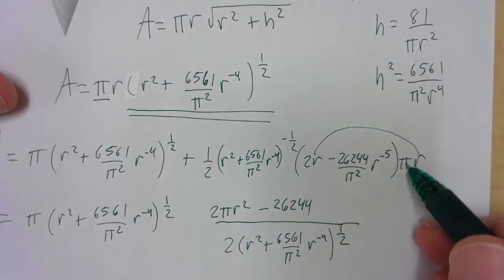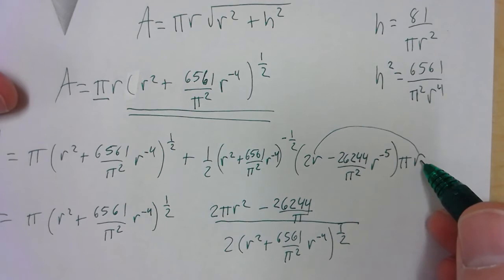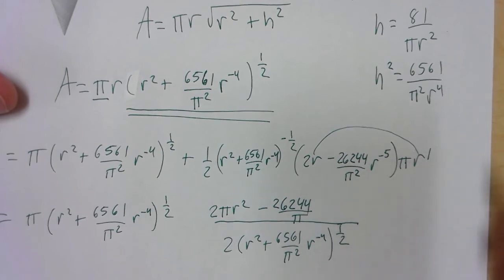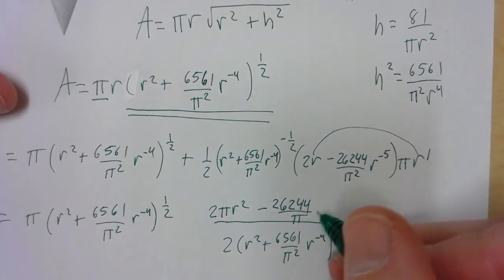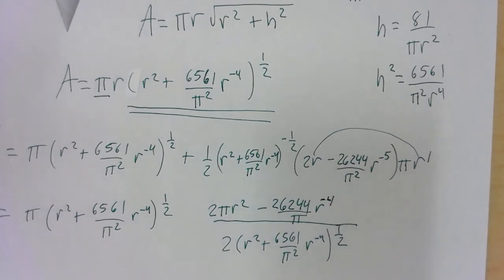Now the pi's are going to cancel, so there'll be 1 pi on the bottom, and when you multiply like bases together, you add the exponents, so it's going to be r to the negative 4th.